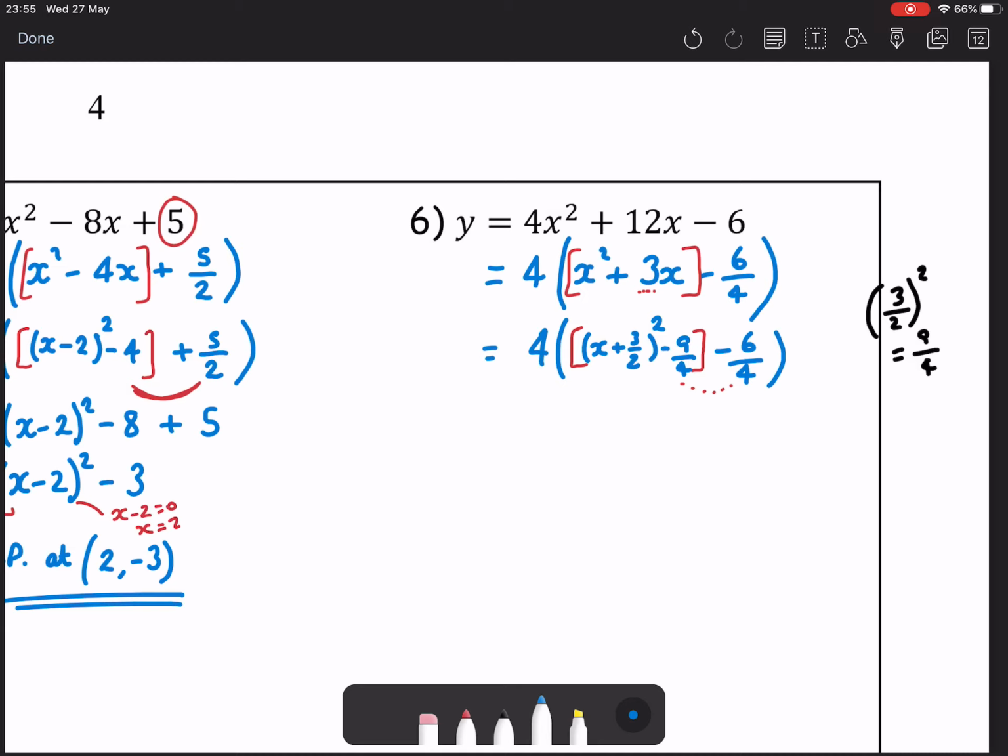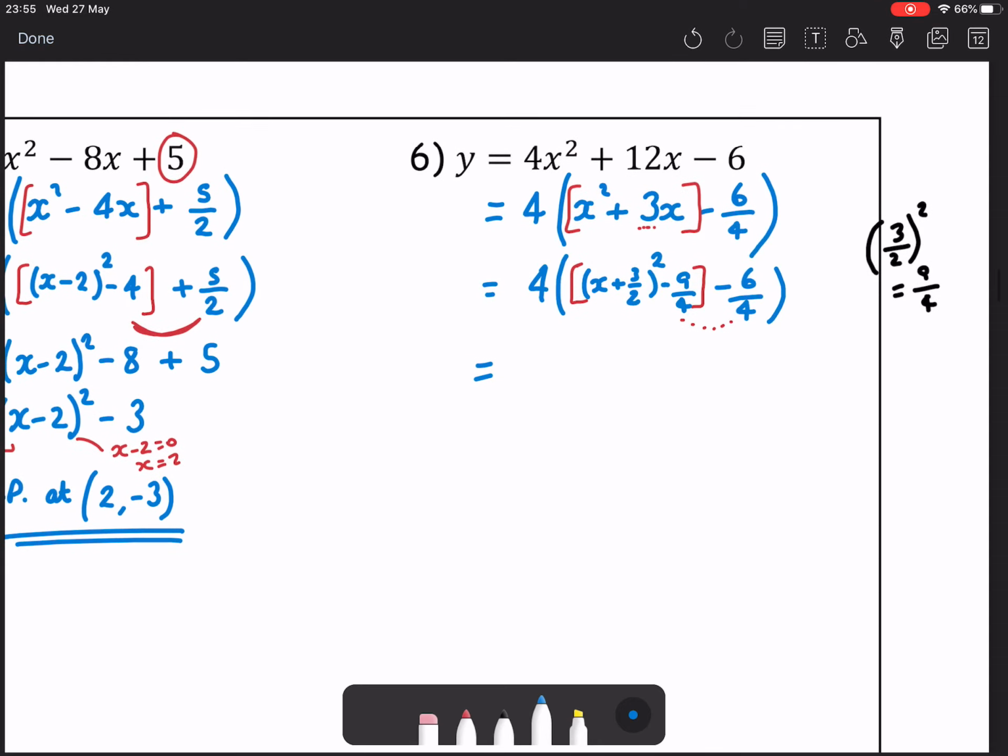That would involve a wee bit of fraction work, or multiply through by 4. It's not guaranteed to get rid of the inside fraction. In this case, it will. 4 lots of the bracket, minus 9 over 4 times 4. The 4's will cancel to give me minus 9.